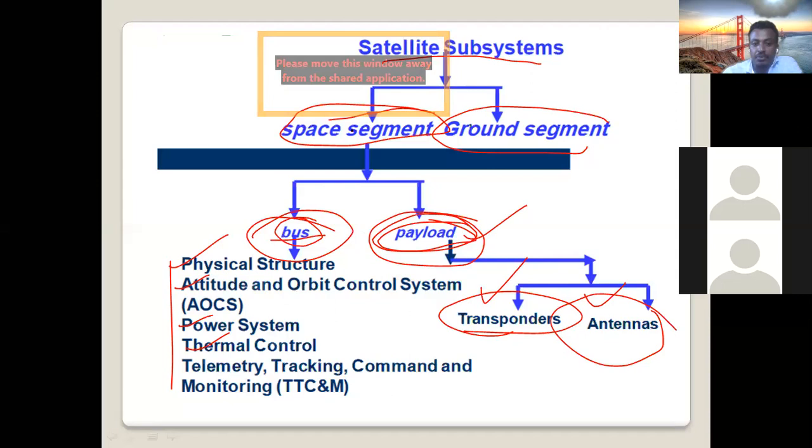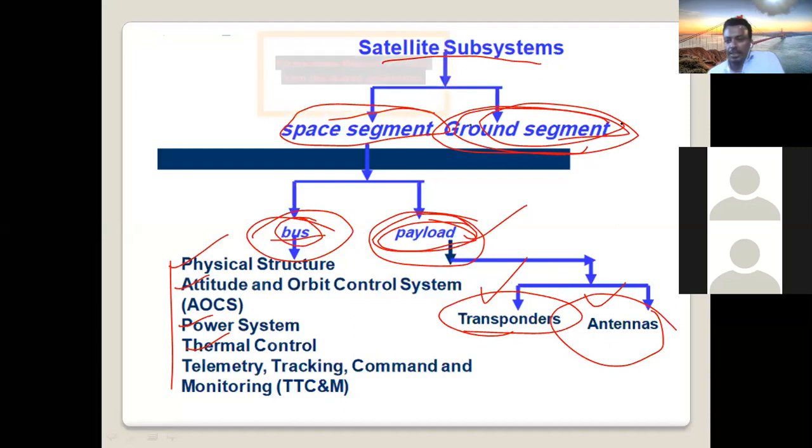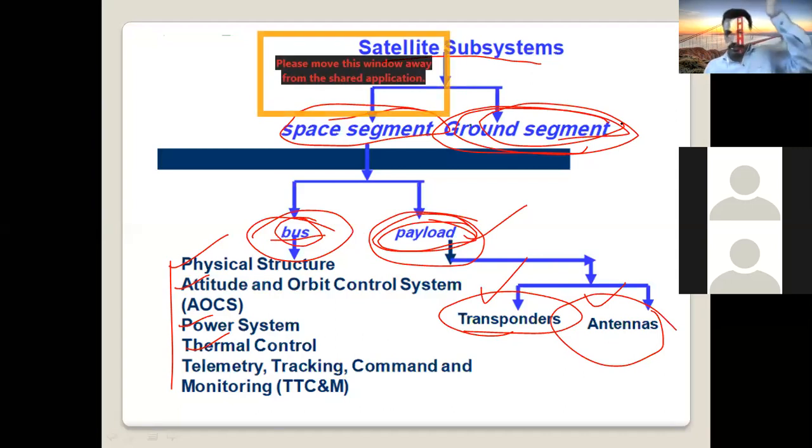Okay. After we finish the space segment, we will come to the ground segment. What type of equipment, networks, architecture we use on the ground, we'll come to that later. But now we'll start from the space segment, specifically the payload.